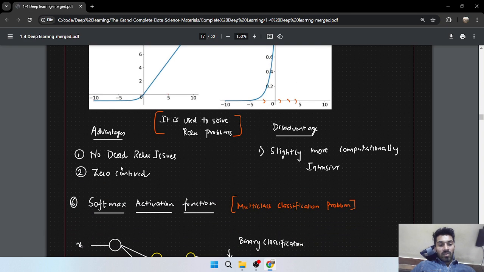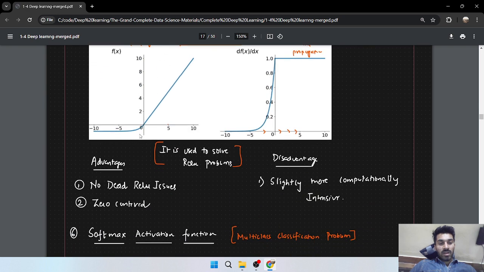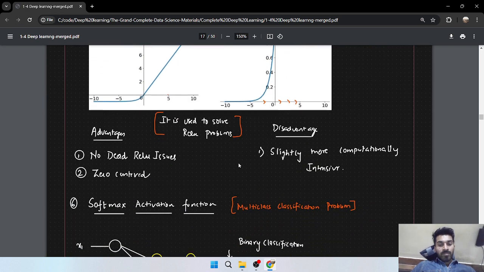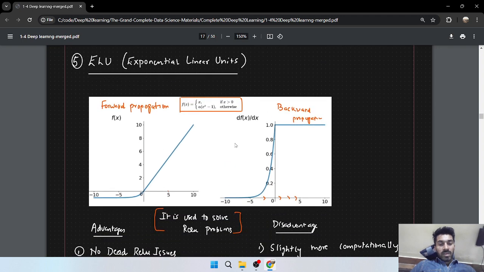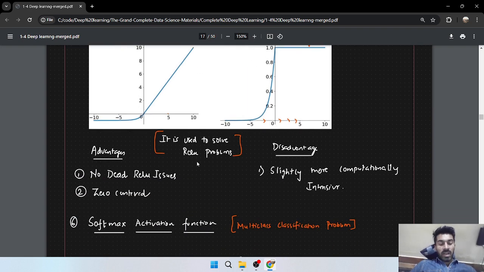Now the advantages: it solves the ReLU issue, similar to leaky ReLU. It has all the advantages of ReLU, and it is zero centered, you can see that. The disadvantage is that it is slightly more computationally expensive, because we are computing an exponential function, so it takes some time.